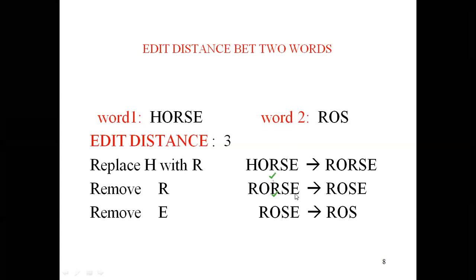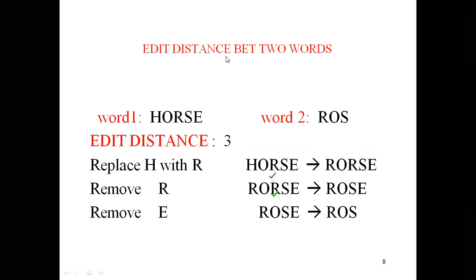Then it becomes ROSE. Okay? Now remove E. Only E is there. By comparing with this, it becomes ROS. So what are the operations you performed?